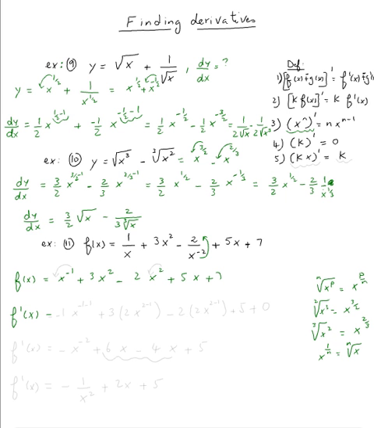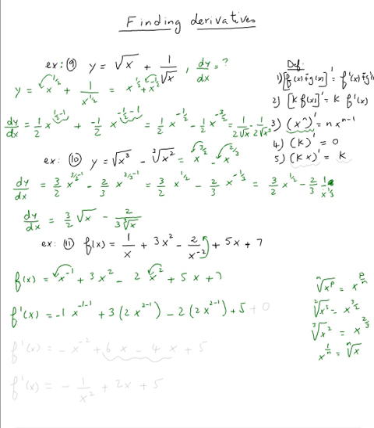Alright, so let's do the derivative. f prime of x is equal, same thing, move this here, negative 1 x, and then you do minus 1, let me do it here, negative 1 minus 1, which is negative 2, plus 3, and then you move 2 here, and then you do x, and then you do 2 minus 1, and then minus 2, and then you move 2 here, and then you do x, 2 minus 1, plus 5.